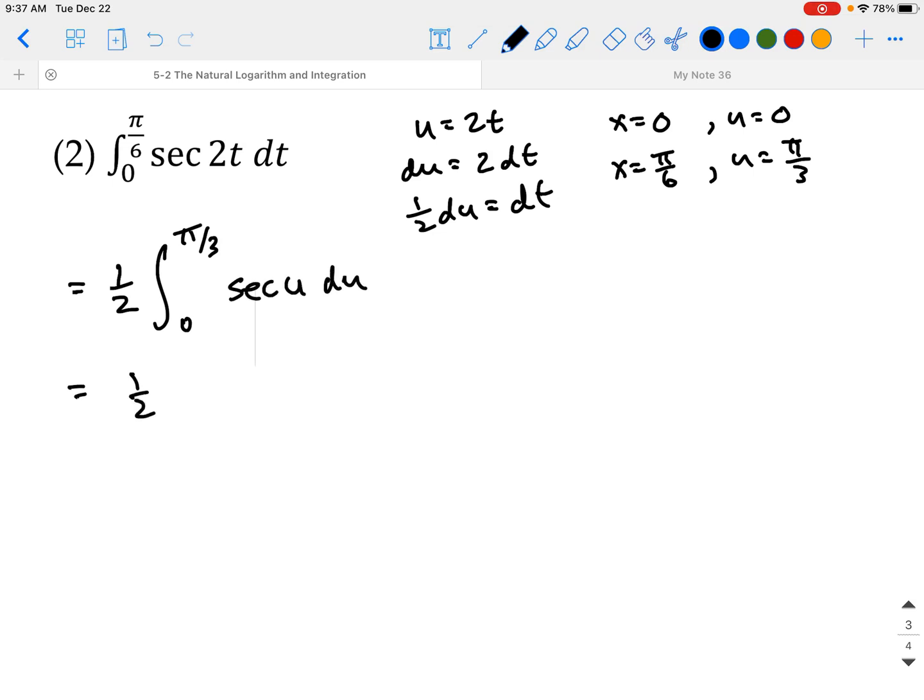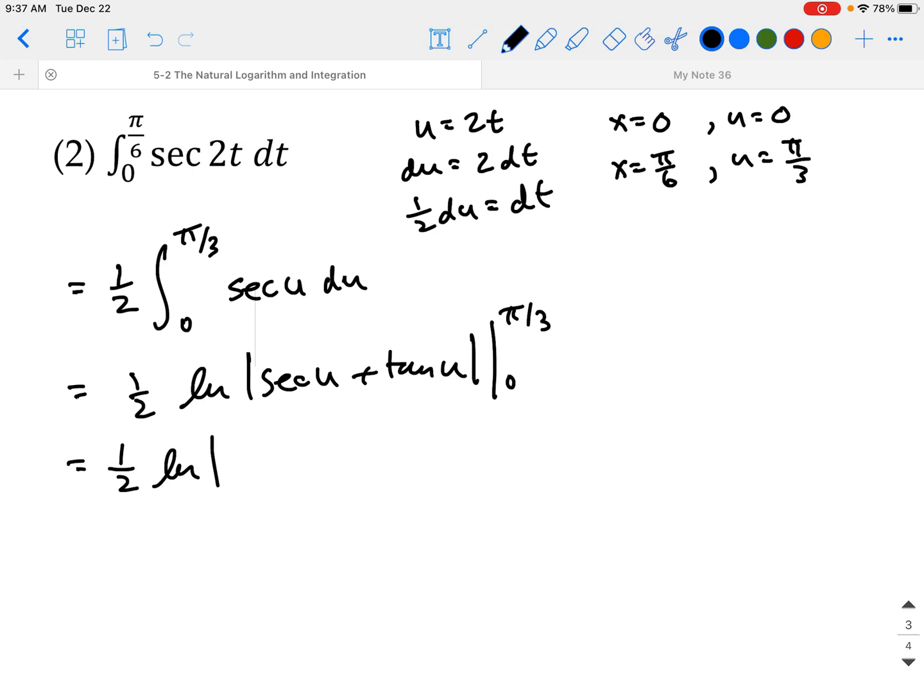And so we'll get 1/2 natural log of secant u plus tangent u, not plus c. Sorry, this is a definite integral. And we can see here that we could drop the absolute value because secant and tangent will both be positive on the interval 0 to pi over 3. So we don't actually need the absolute value.